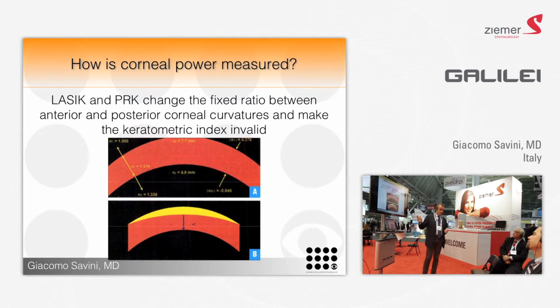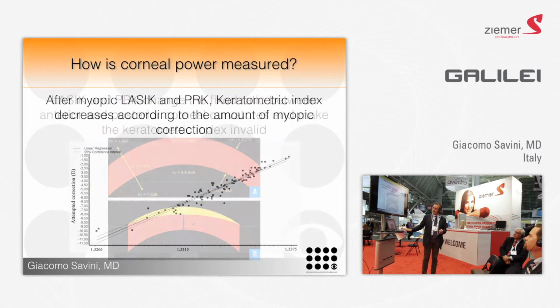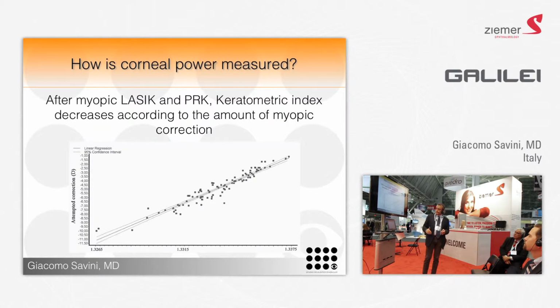This happens with any kind of excimer laser surgery, where after myopia correction you get a flattening. A few years ago we showed that if you still want to rely on a keratometric index, you should decrease the value from 1.375 down to 1.3265, proportionally to the amount of myopia correction.